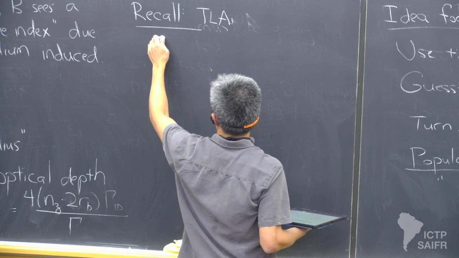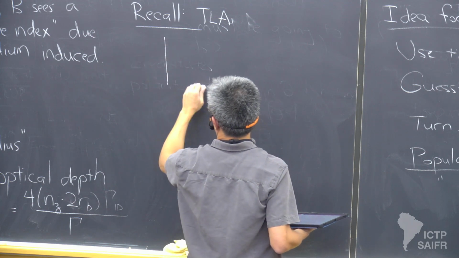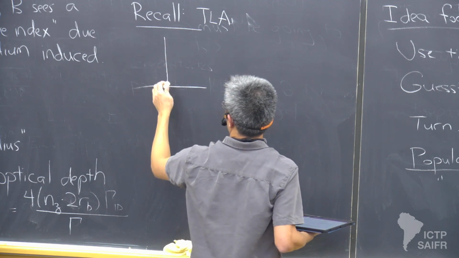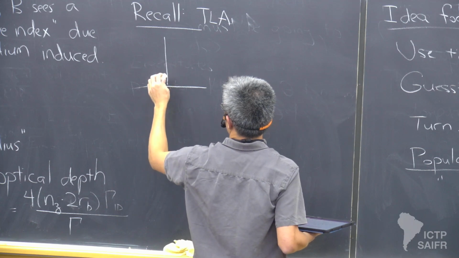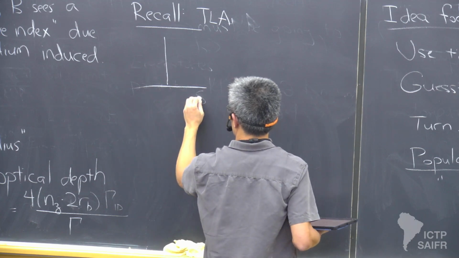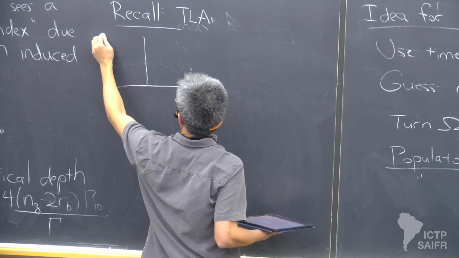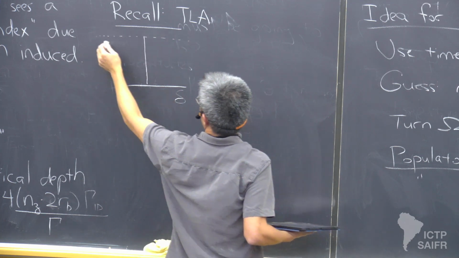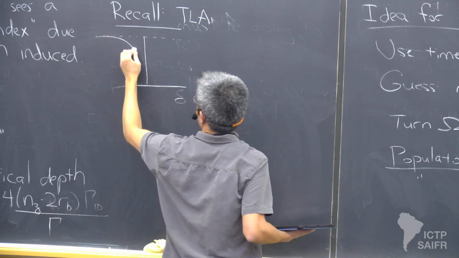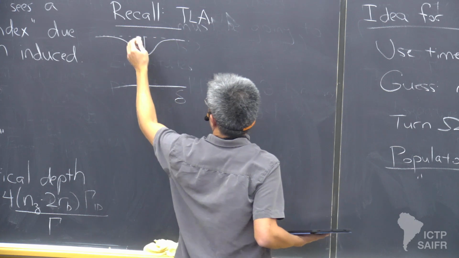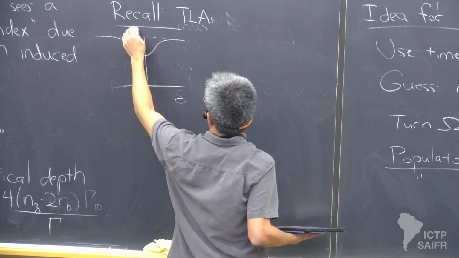Remember that before I showed you this plot, as a function of detuning, of t squared.